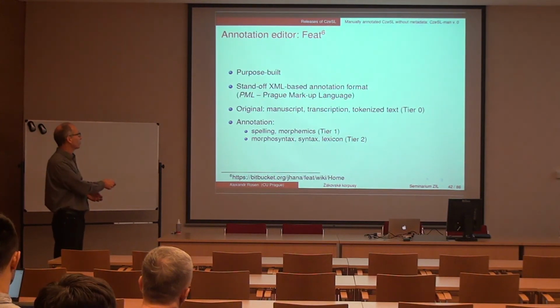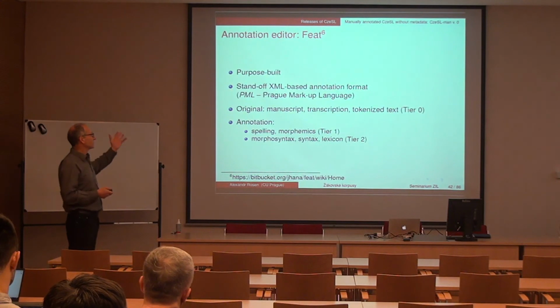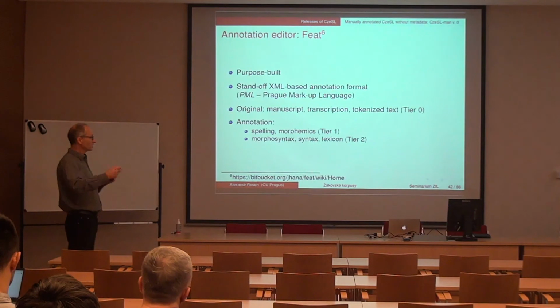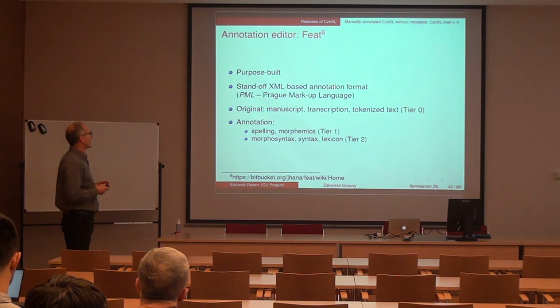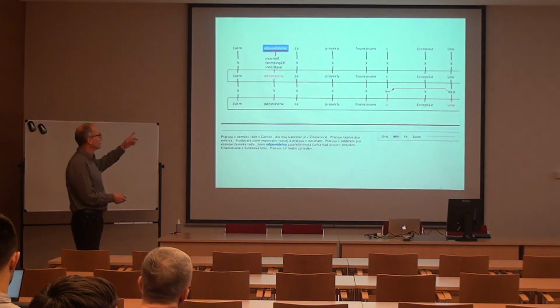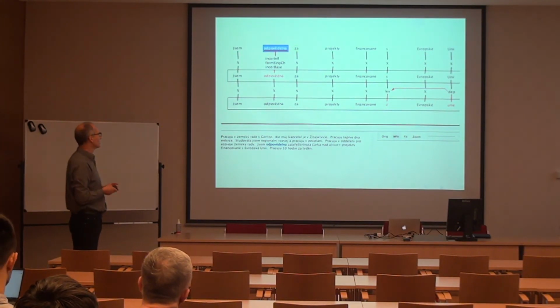It came from this Prague markup language that was originally used for treebanks, and it has a standard XML-based annotation form. Actually, you have sets of 3 or 4 files for each text, and they are interlinked, and that's actually the parallel idea. Okay. So this is how you would see the sentence if you have it in this annotation editor, and there is some pre-processing going on.